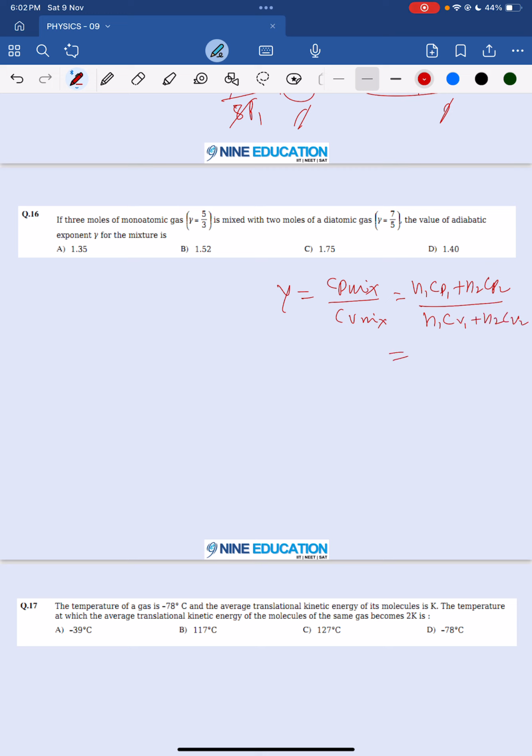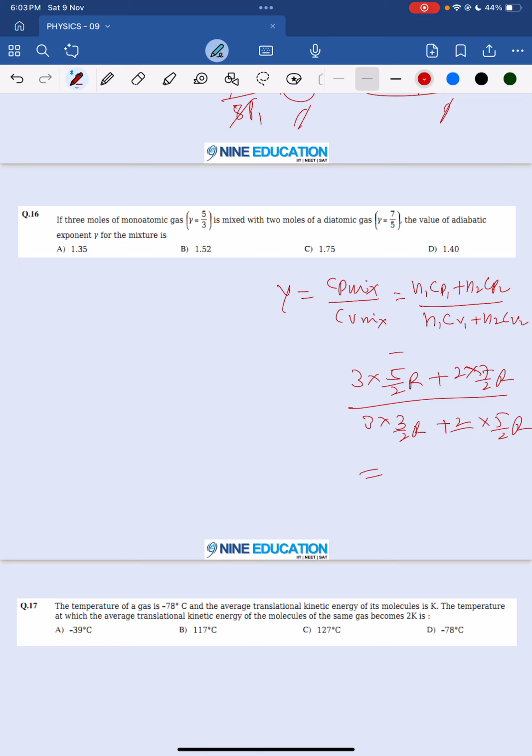So here we get N1 as 3 moles and N2 as 2 moles. For the monatomic gas you are going to write 5 by 2 R plus, for the diatomic, 2 into 7 by 2 R, divided by 3 into 3 by 2 R plus 2 into 5 by 2 R, correct?